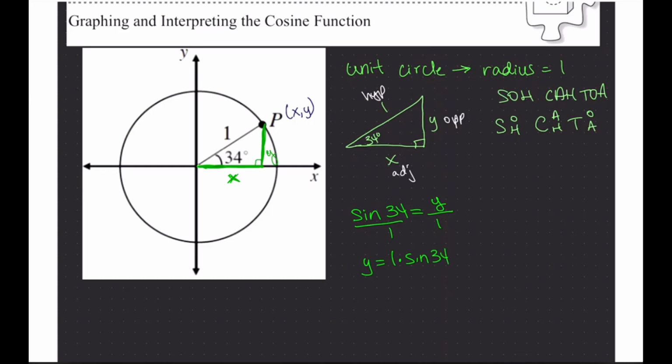Right? So we're going to want to know what that value is. We're going to put it into our handy dandy calculator, and our calculators are going to be in degree mode. The sine of 34 gives us 0.56. Right?